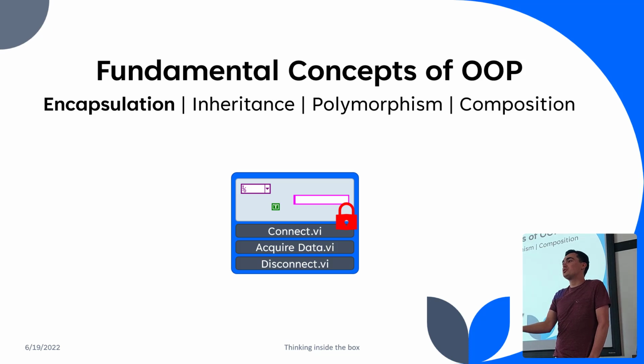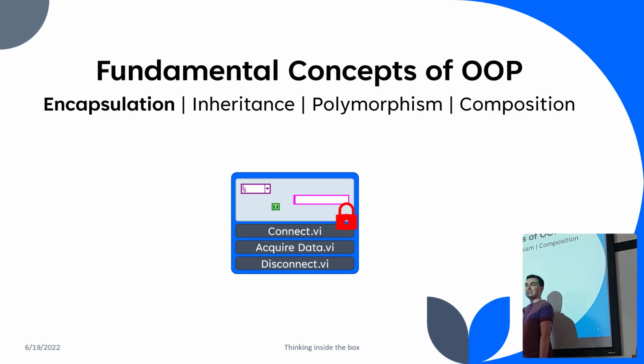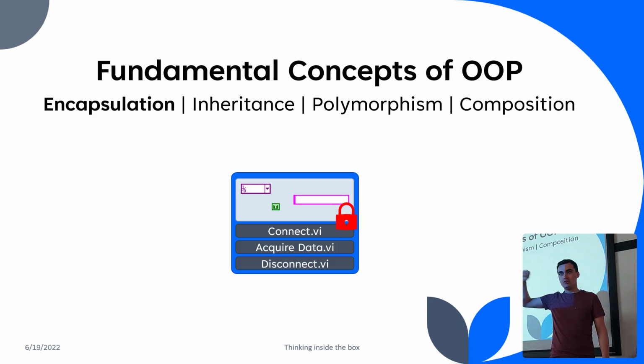So external sources, other bits of your application can't. Let's say you had a file I/O, a write-to-file function. There's no reason why your camera driver has to directly interface with a text file reference. So we're using encapsulation to lock down that ability.